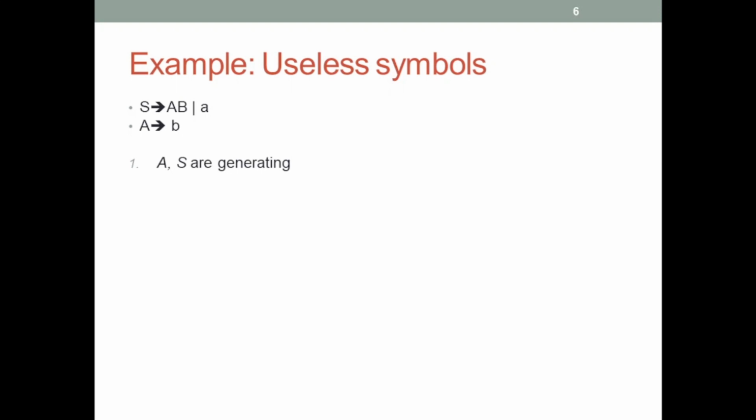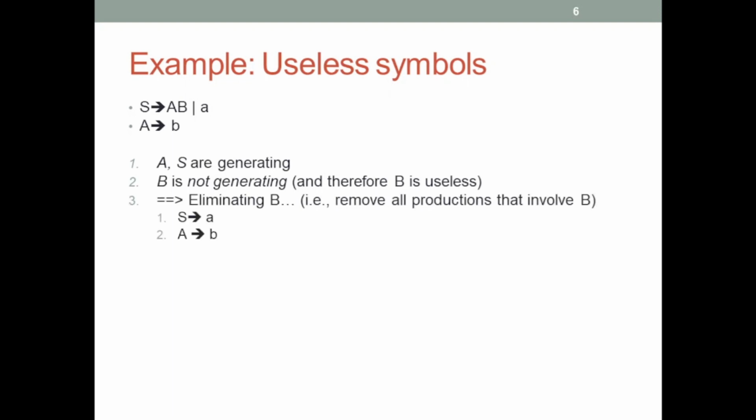We can draw the tree diagram and see that S reaches a terminal symbol, and A also reaches a terminal symbol. But we can see here B is not generating any terminal symbol, so it is useless.